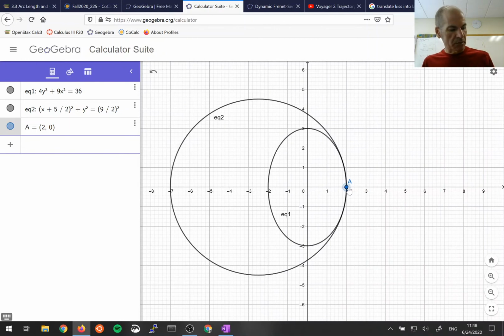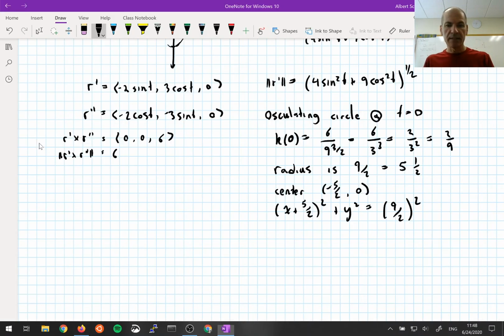Similarly, I actually went through and computed the osculating circle for the point 0, 3, and let me dump that in there for you, so that you can verify it. I found that the curvature there, well, let me just write it out here. You can check on your own.